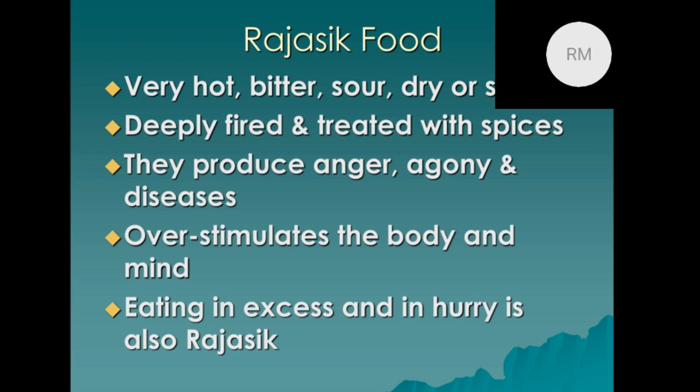Alcohol in moderate to high doses is rajasic, and overdosing with alcohol makes it also tamasic. So this is a very interesting concept. Even depending on the dosage, the effect of food on the mind will change. The same substance can be sattvic, rajasic and tamasic depending on how you use it.